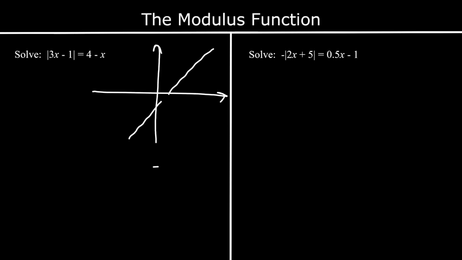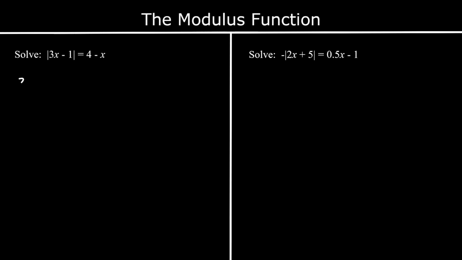So here's my original, and then the modulus did this. There could be an intersection down here, which isn't an intersection in the modulus graph. So if we just find these solutions where both lines cross, and then we have to check that they work in the context of the modulus graph.